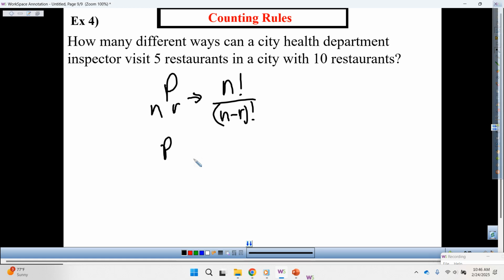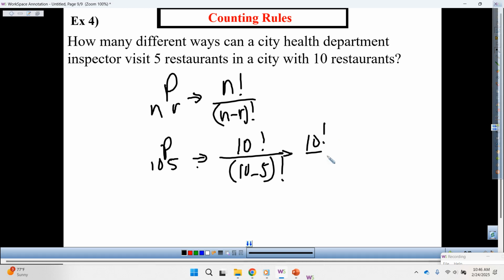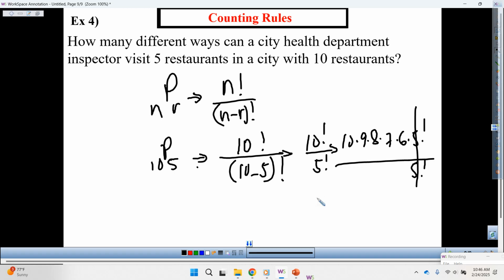So then we write 10 factorial over 5 factorial, which is 10 times 9 times 8 times 7 times 6 times 5 factorial over 5 factorial. So this gives us, is it 30?